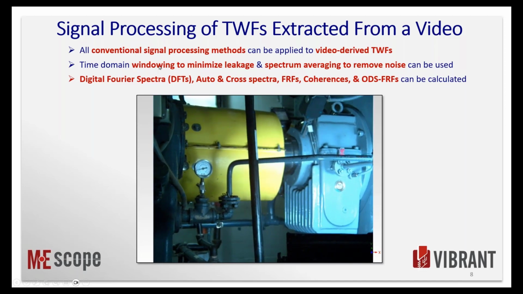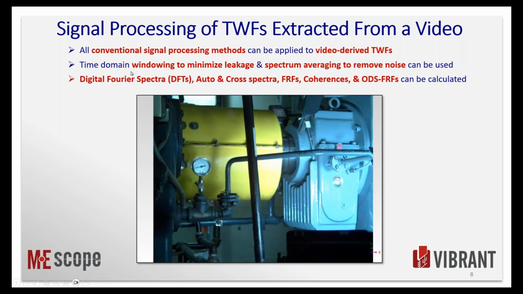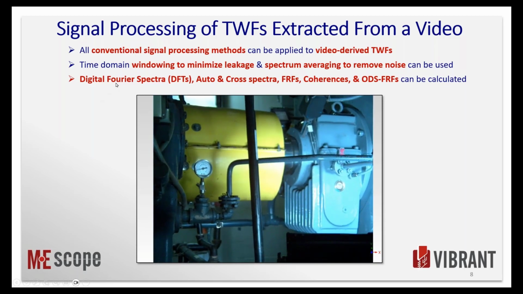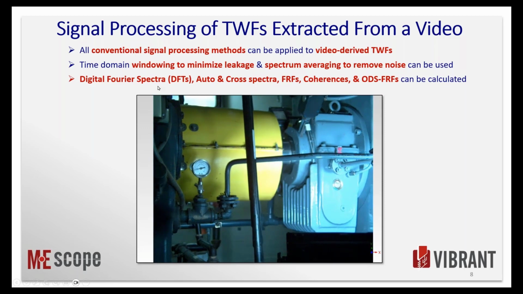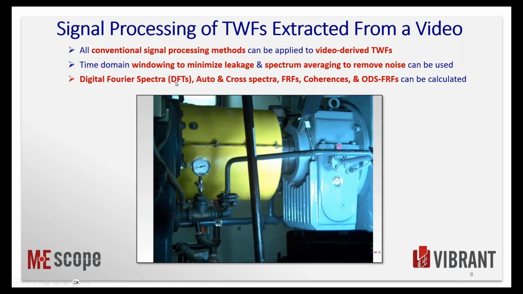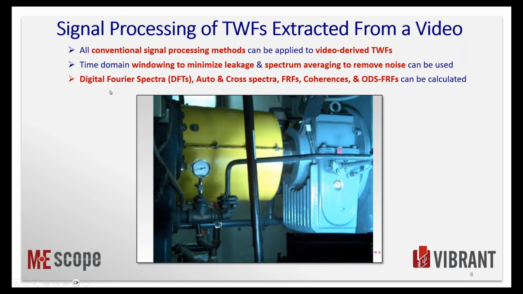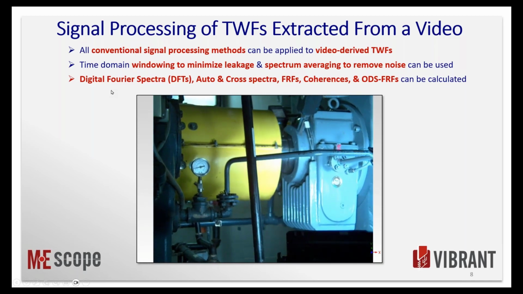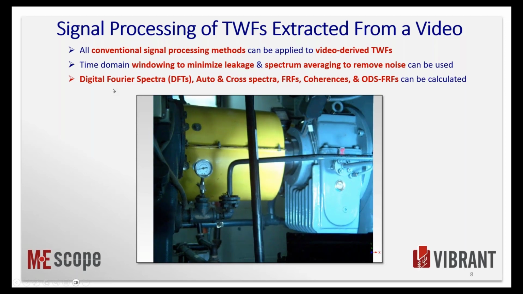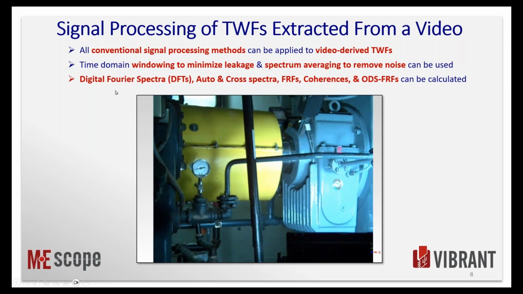I'll show you some results here in a minute. We can do spectrum averaging to remove noise, and we can measure these common frequency domain functions. A DFT, which most people just call a Fourier transform. The Fourier transform is the algorithm that converts a time waveform into its digital Fourier spectrum.